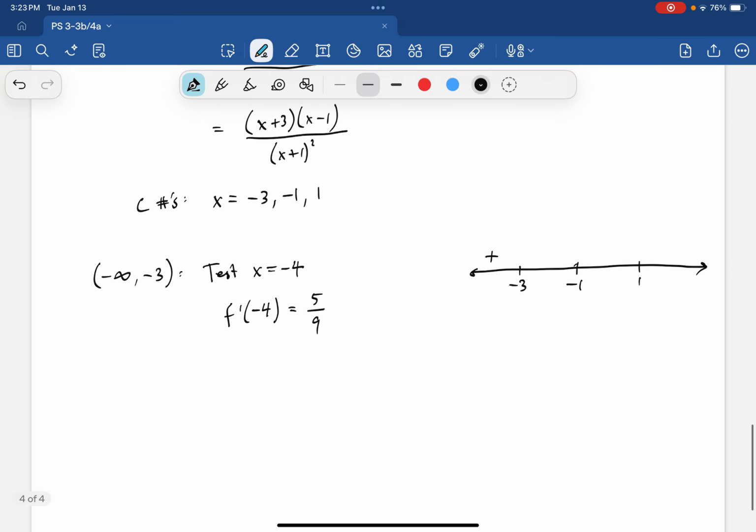Increasing there. For negative 3 to negative 1, test x equals negative 2. And that means f prime of negative 2 is going to be 1 times negative 3 over 1.